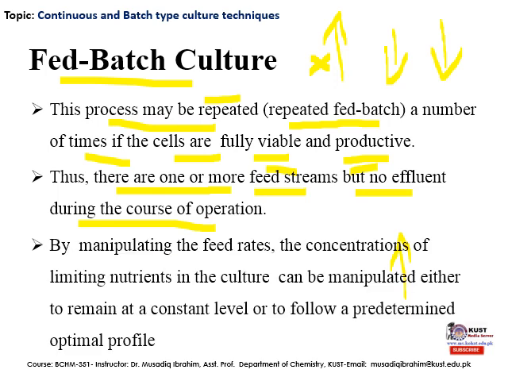Now, there is also the possibility that by manipulating the feed rates, that is either decreasing or increasing the amount of nutrients to be added to the fermentation tank, the concentration of the limiting nutrients in the culture can be manipulated either to remain at a constant level or to follow a predetermined optimal profile.